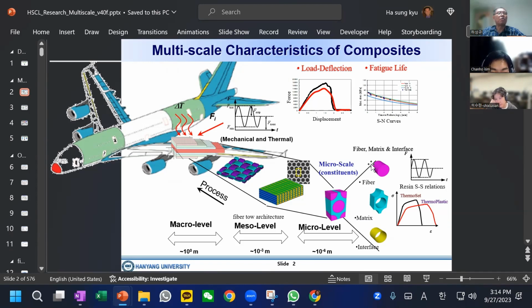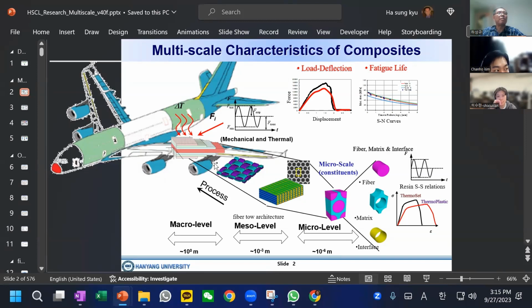A 50,000 fiber tow we call a heavy tow, and sometimes 6K, sometimes 12K. But that is the woven or UD. This is the mesoscale, and that is the order of a millimeter, and this is the order of a micrometer.